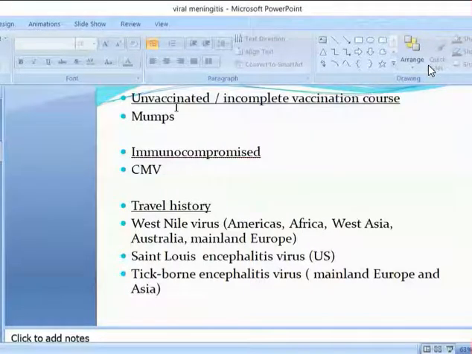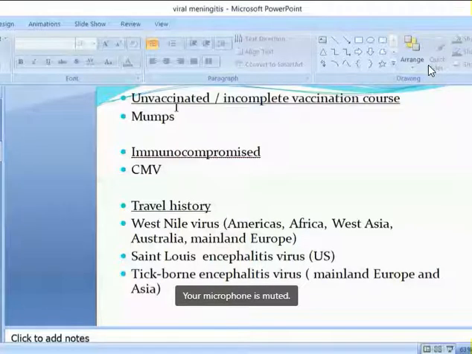And in immunocompromised people, like those who have an organ transplant and are receiving immunosuppressive drugs, or those under chemotherapy, or those who have HIV AIDS, the predominant virus that can cause meningitis in this group is the cytomegalovirus, or CMV.